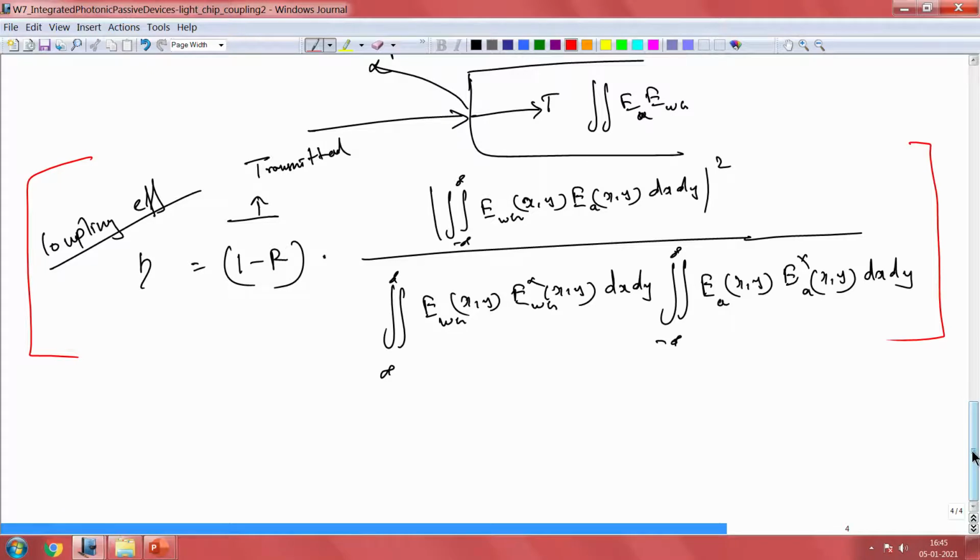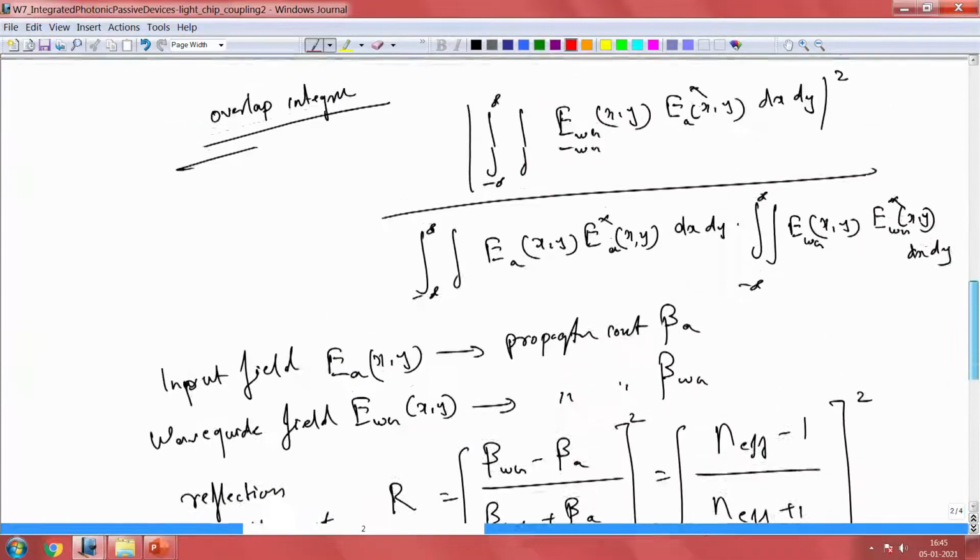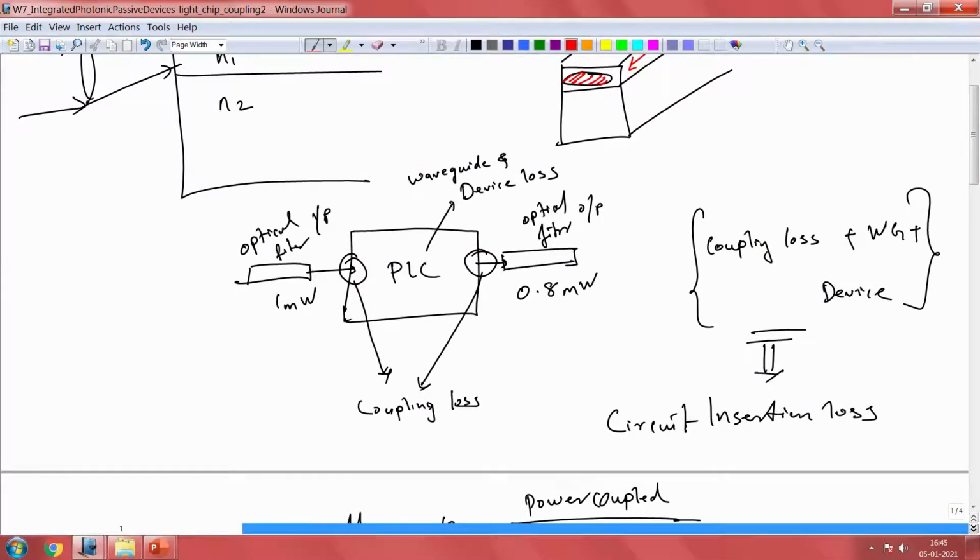So those are the two important factors that we have. So now if you want to look at a system where we have, let us say, an LED put in front of the waveguide here, right. So instead of having an optical fiber, if we put an LED, let us say, right, how will the coupling look like, right. So that is something that we should know.